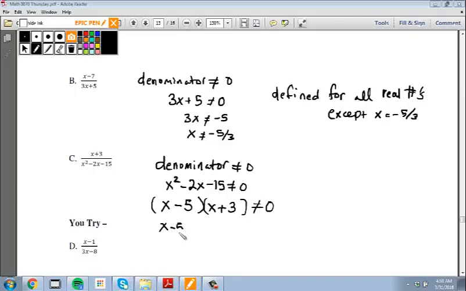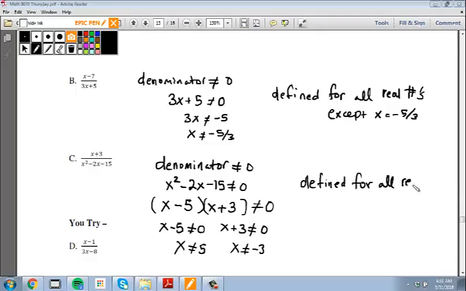Then neither of the factors can equal 0. So x minus 5 cannot equal 0, and x plus 3 cannot equal 0. So if we add the 5, x cannot equal 5, and if we subtract the 3, x cannot equal negative 3. So this one is actually defined for all real numbers except negative 3 and 5.